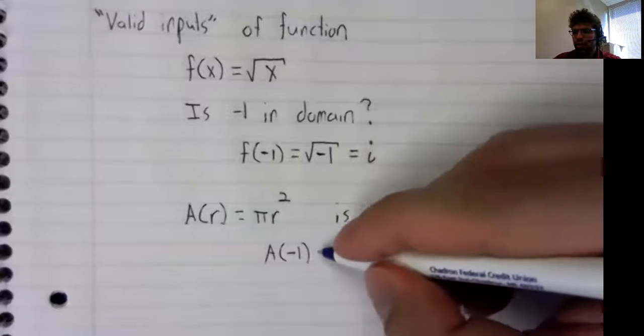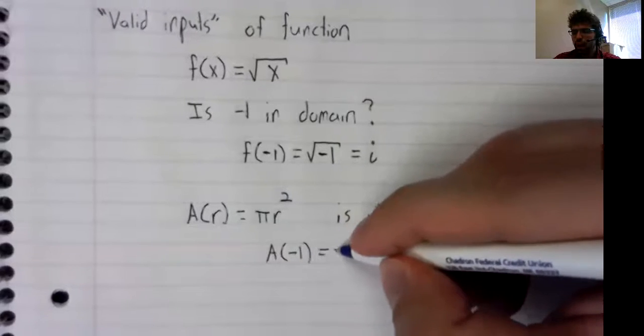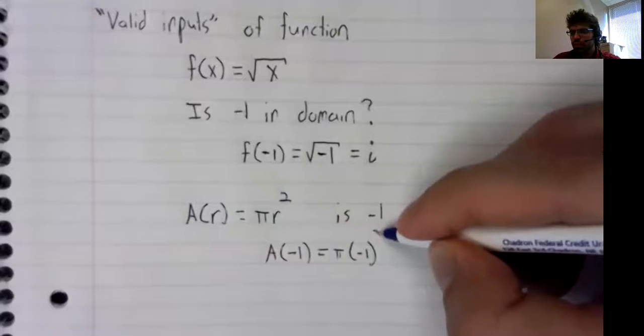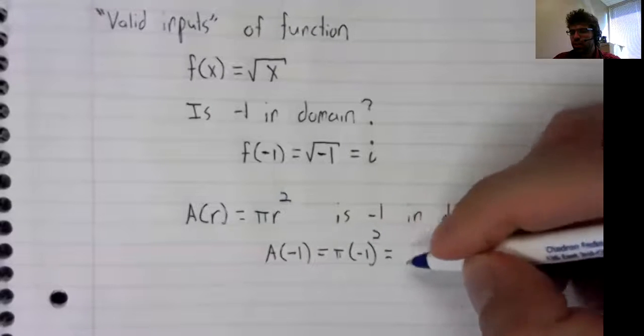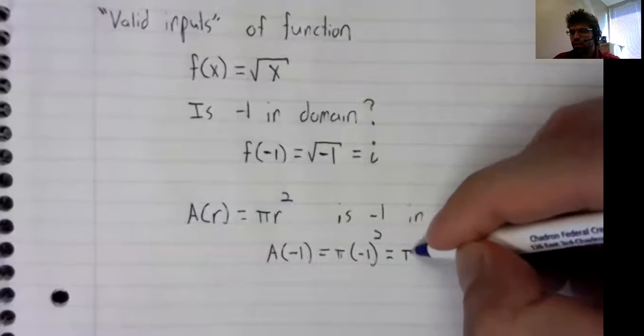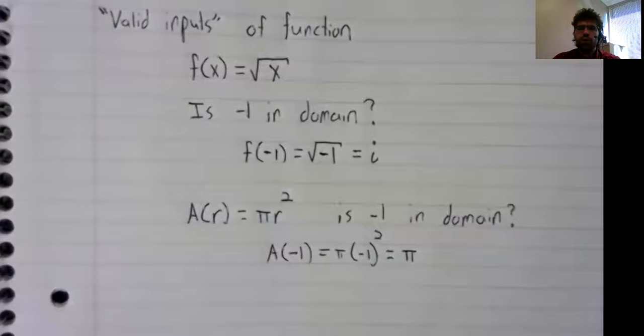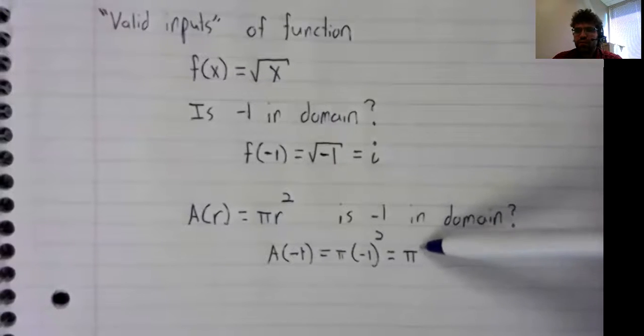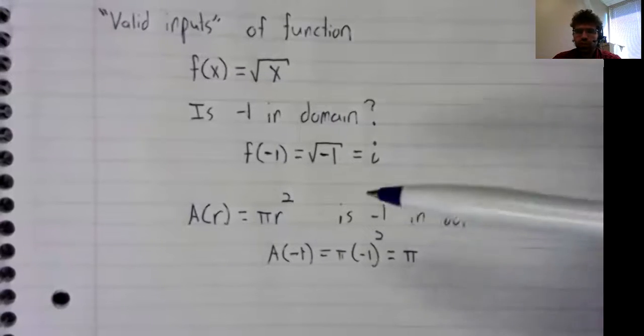A of -1 is certainly a perfectly nice number. It's a valid input that gives an output.